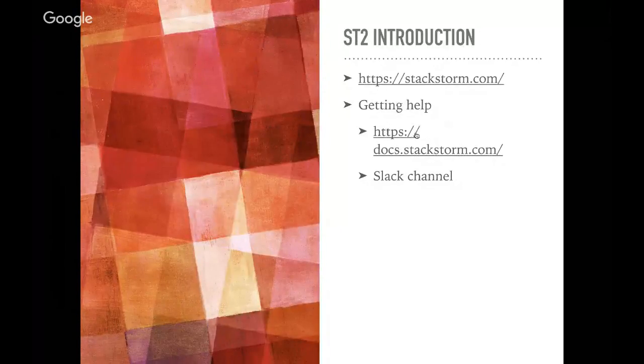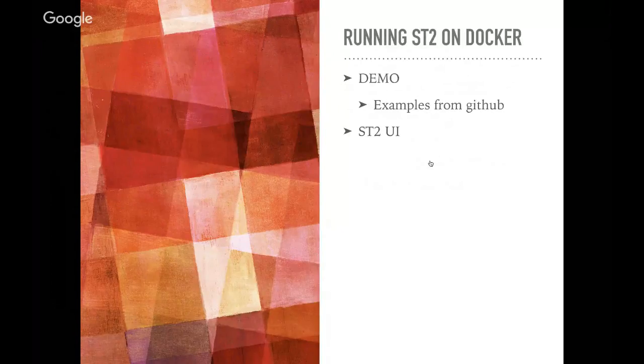I talked about docs and Slack channel. So let's do some hands-on activities on running StackStorm on Docker. I'll get StackStorm running on Docker, and then we'll explore the UI.